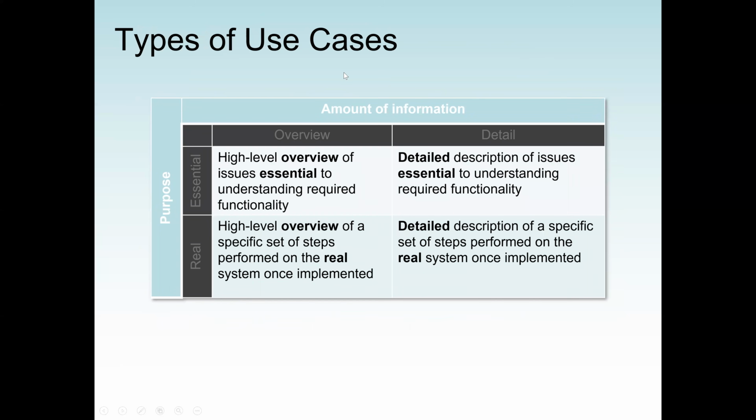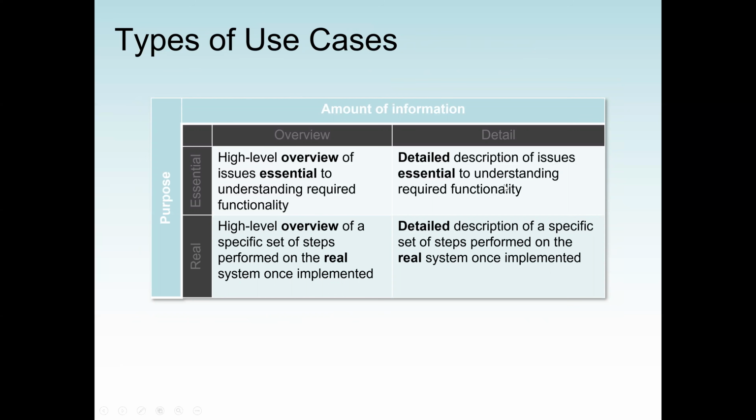So we have different types of use cases based on the amount of information we have, and also the purpose of the use case, the system. So we have, for example, essential and overview. We have a high-level overview of issues essential to understanding the requirement or required functionality. Real and overview means a high-level overview of a specific set of steps performed on the real system once implemented.